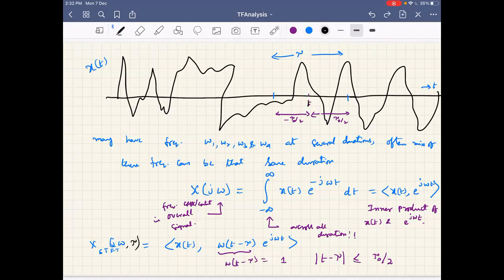Since we denoted time as t, let us denote the window location as tau. The STFT gives the frequency content in that window around tau. Here we have defined a rectangular window that exists to capture the signal only in the duration t minus tau by 2 to t plus tau by 2.